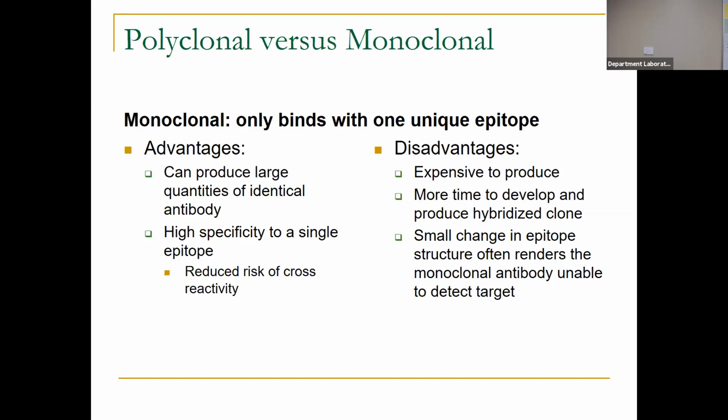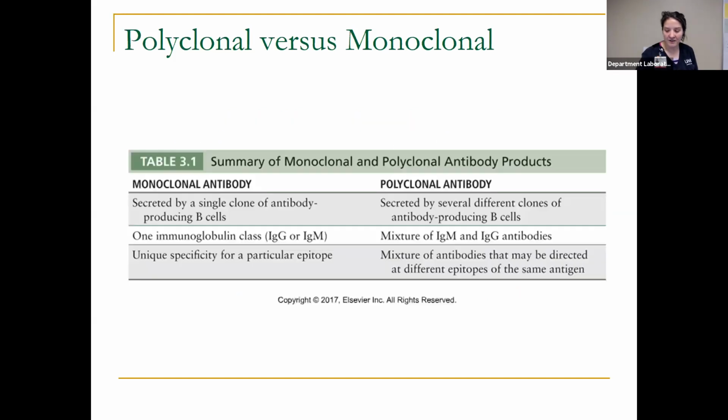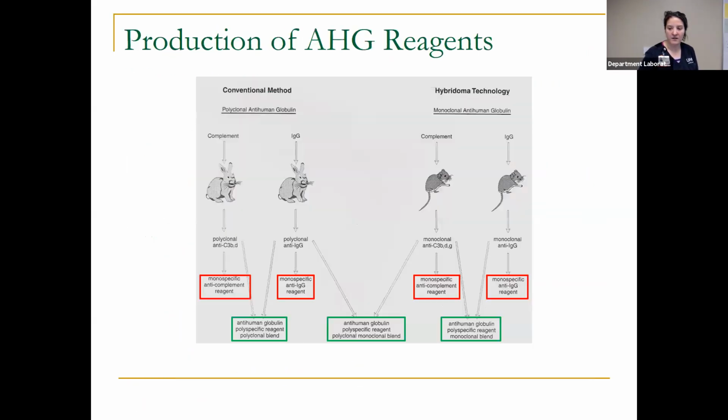And if you ever have a change in your epitope structure, it will render that reagent unable to detect. So sometimes blood banks use a blended polyclonal-monoclonal, but not a lot of people use that. Monoclonal is now the choice of reagent.